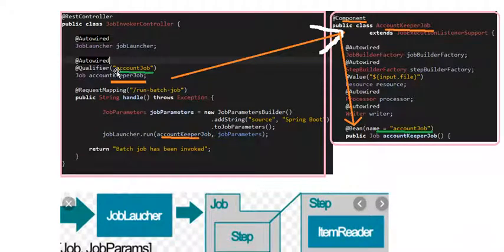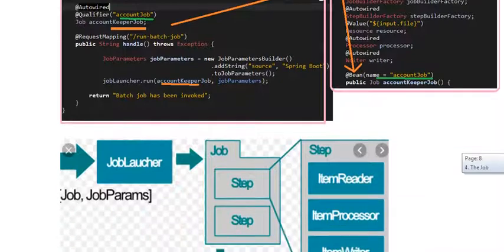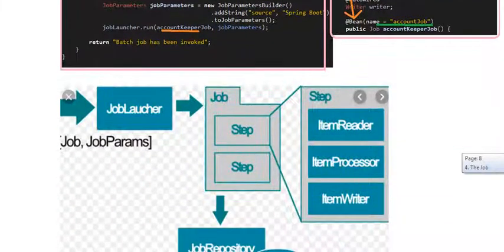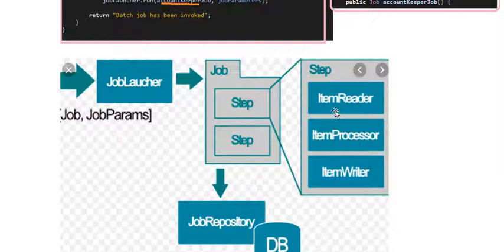I have mentioned @Qualifier accountJob, so the job definition is there. For job creation, first you have to create the job bean and also create the job parameter. It's a builder factory, so you can write the job builder, and inside the job you will find the step builder factory to step, and inside the step there is reader, processor, writer.